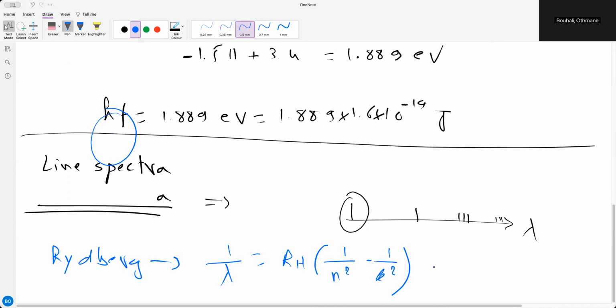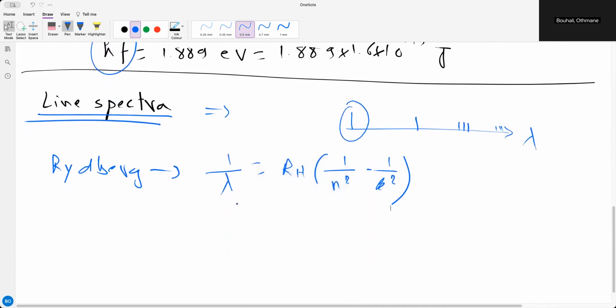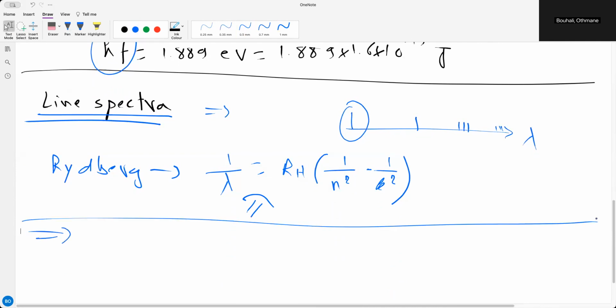Now, what is very interesting is that this has been completely explained, and we will prove it, by the atomic model of Bohr. So next, we will see how this is related to Bohr's model of the hydrogen atom.